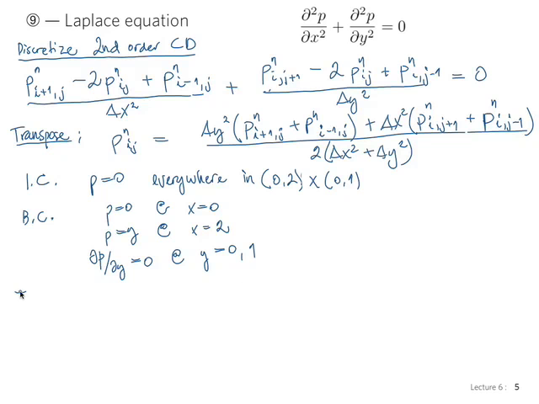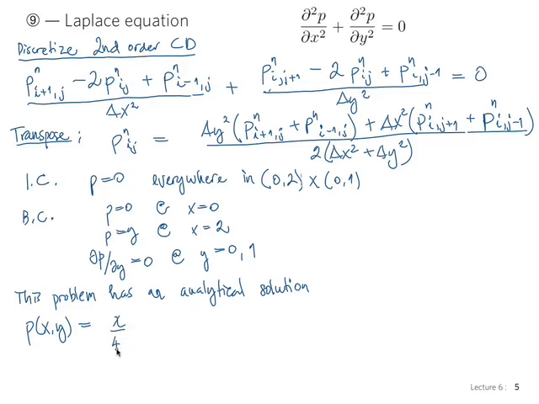Let me say that this problem has an analytical solution that you can obtain by separation of variables, the method of separation of variables in partial differential equations. And the analytical solution looks like this: p of x comma y equals x over 4 minus 4 times an infinite sum, n equals 1 with n odd, of these transcendentals that I'm going to write out.